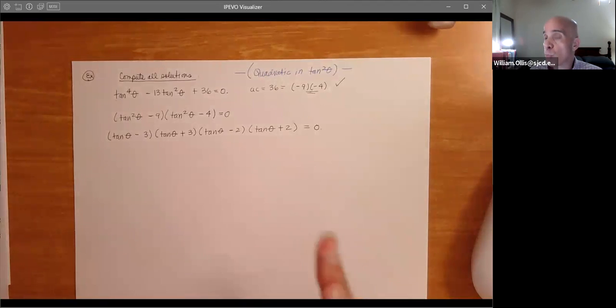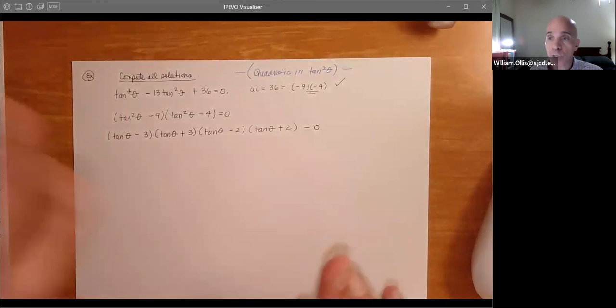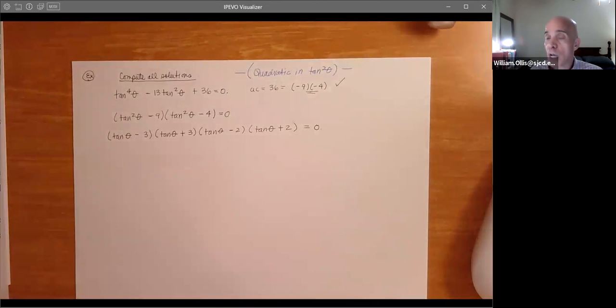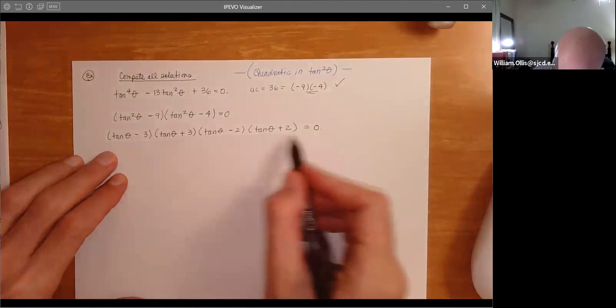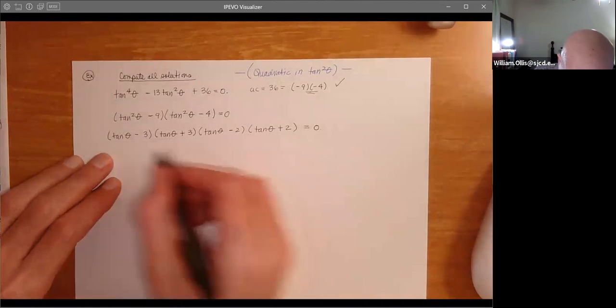And that makes working with tangent very simple, okay? But if we're just extending to all solutions, we'll just add multiples of pi k and we're done. So that makes this a lot easier. So now we're going to set each of these to 0 by the 0 product.